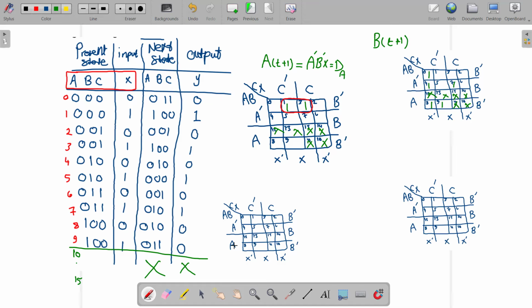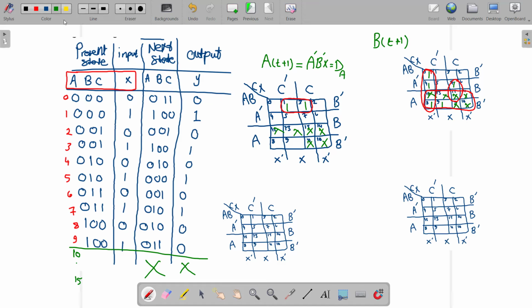Okay, so if we make a group, we can see that here we have 8, and also we have 4 here, and also we have this group here.